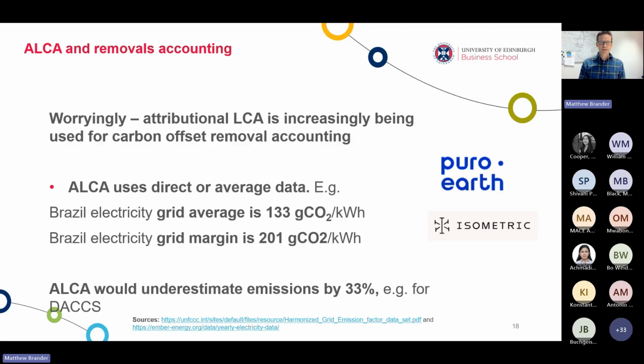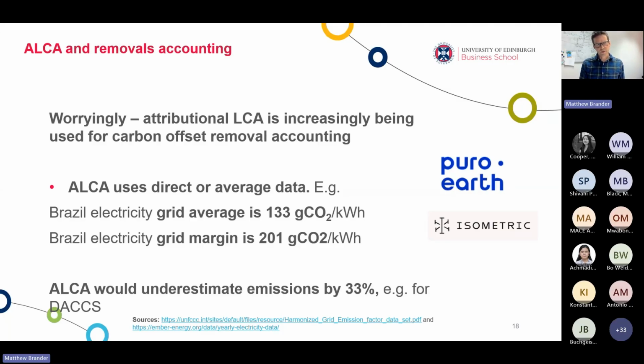And just to give a brief example of that, ALCA uses direct or average data rather than marginal data. So if you have something like electricity consumption as part of a project like direct air capture with carbon storage, which uses a lot of electricity to capture and compress CO2, using average data can massively underestimate emissions.